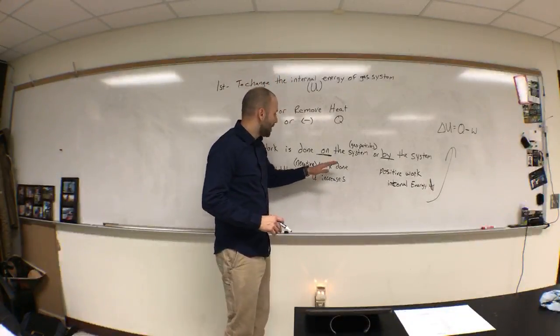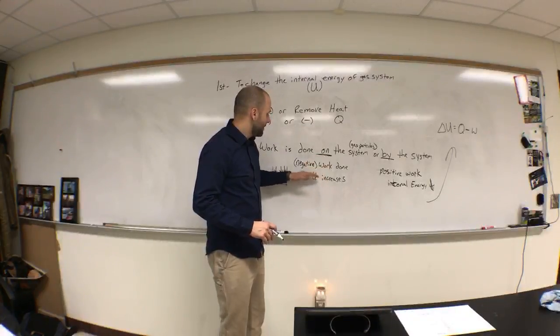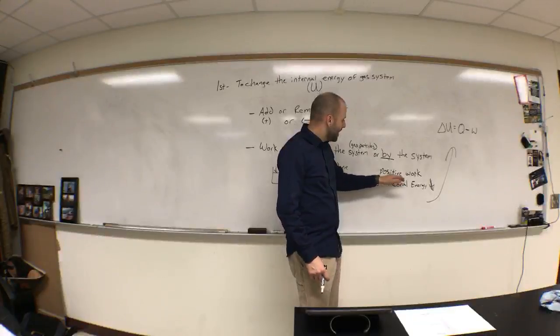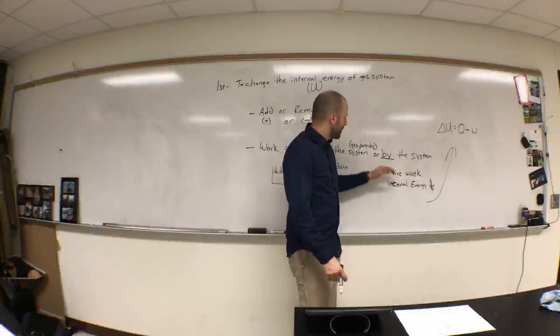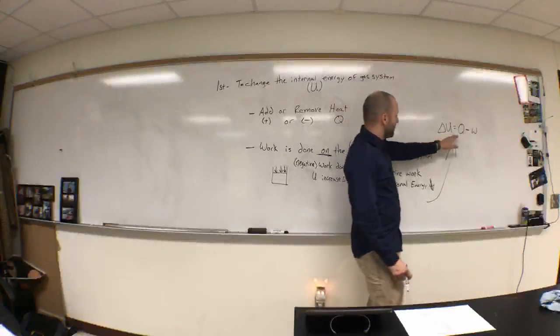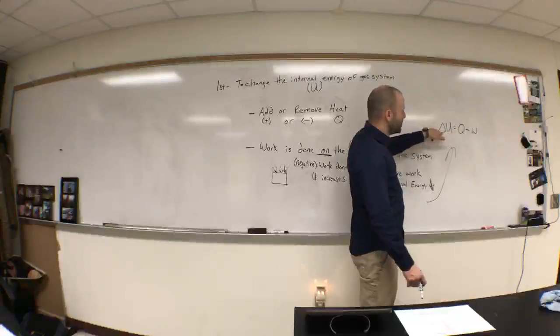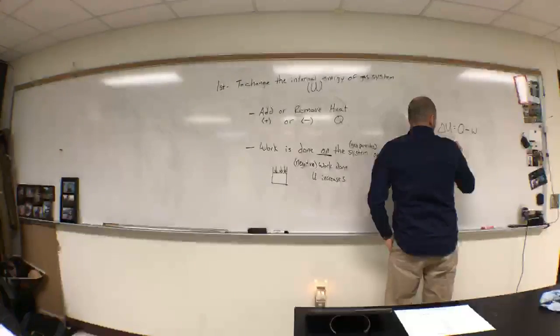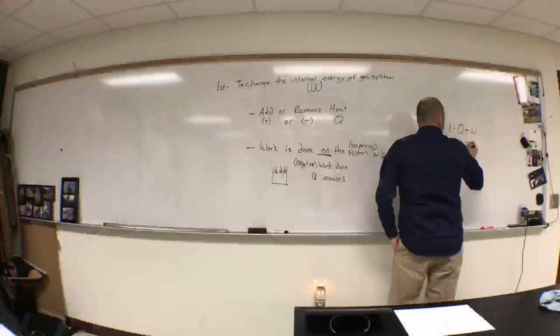Notice it says work done by the gas, that means it's a positive work. So if we want to solve for Q, I'll add W to both sides, and I should get what you have on your review: delta U plus W equals Q.